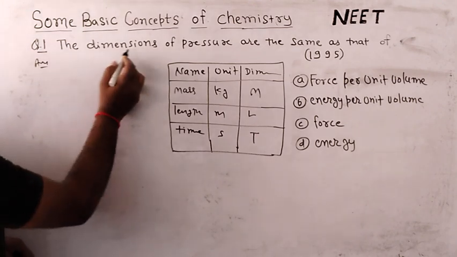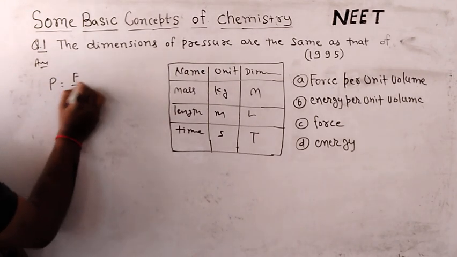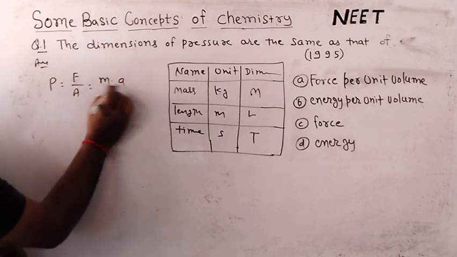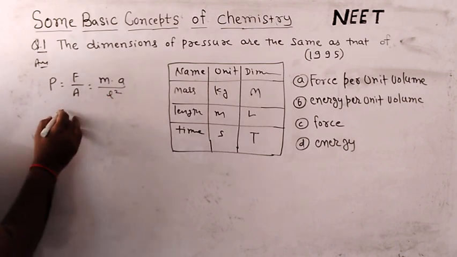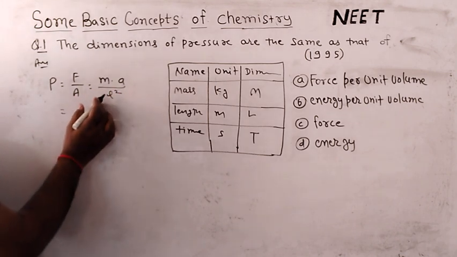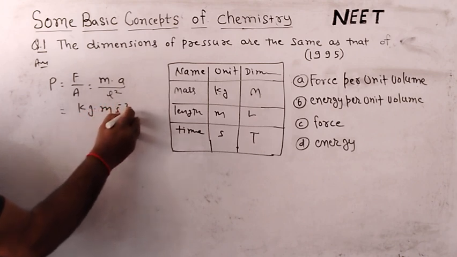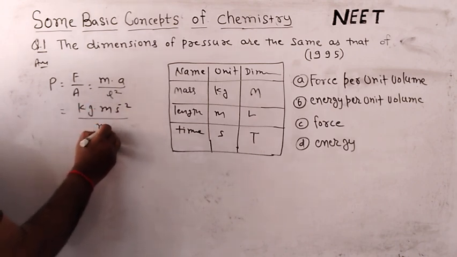Okay, so dimension of pressure. Formula of pressure is force per unit area. F is equal to ma, mass into acceleration. Area is L square. Now unit is kg meter per second square, and area is meter square.